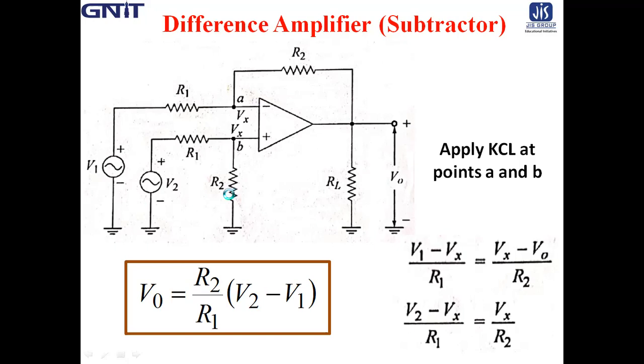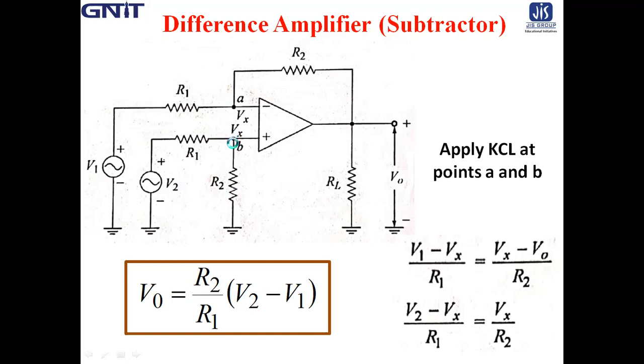Therefore, the voltage gain of the op-amp being infinity, the points A and B will have the same potential, say it is Vx.